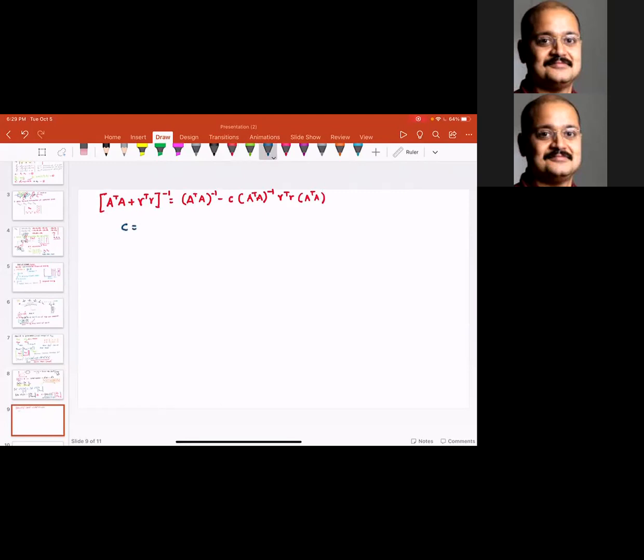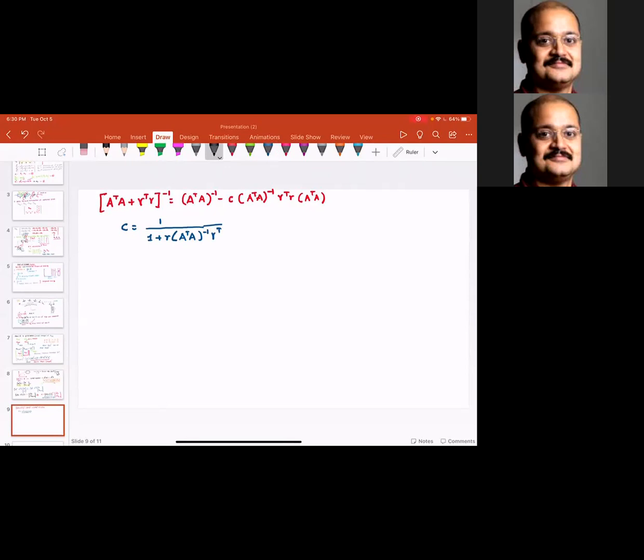Please understand, C is just a number that is given as 1 plus R A transpose A inverse R transpose, all inverted.